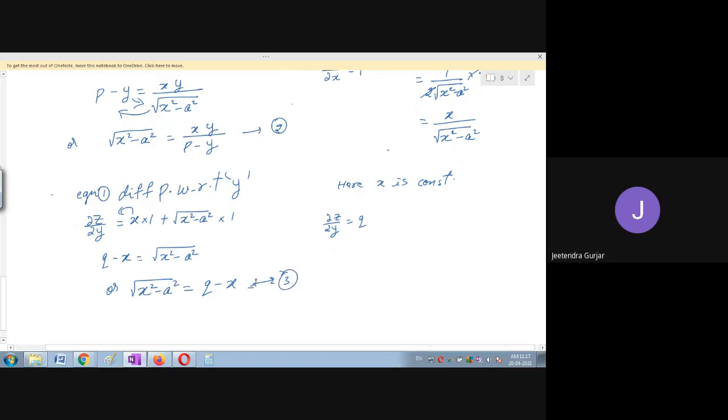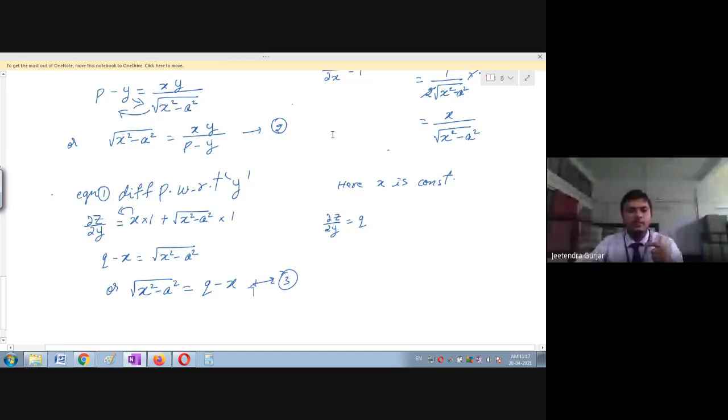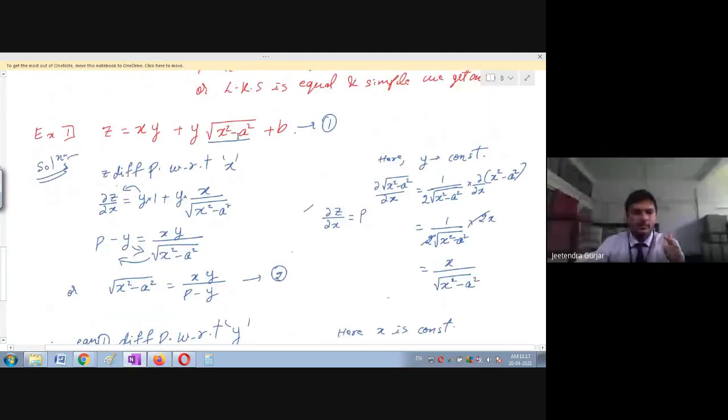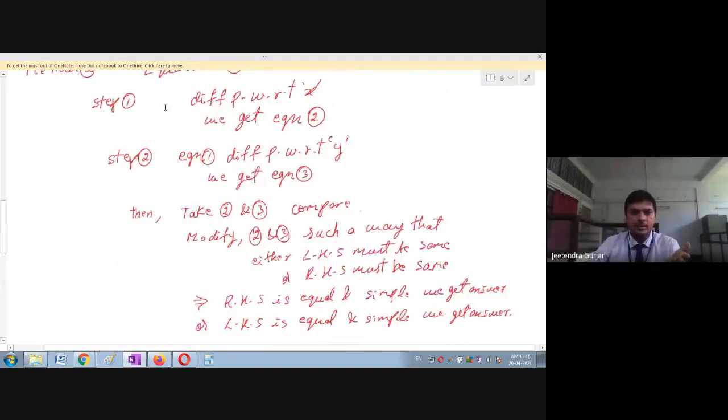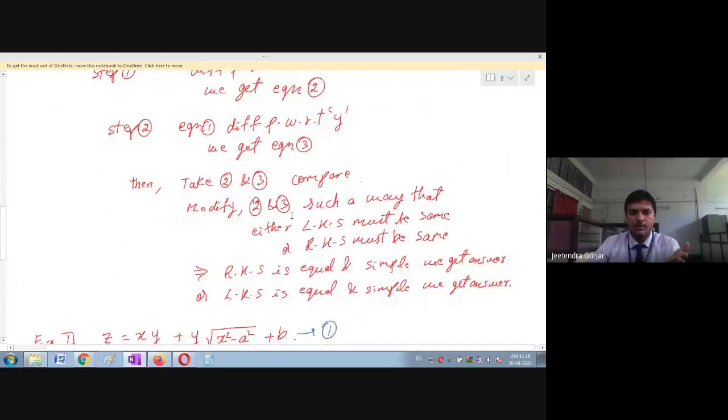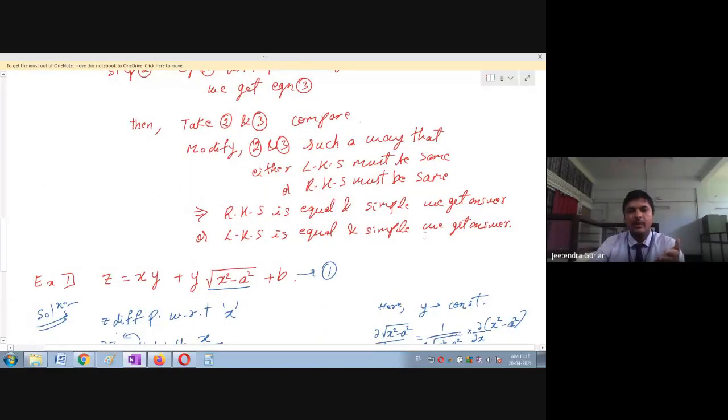Now you can see method 1 fails here, because if I substitute, b remains, so I cannot eliminate b, which means I cannot form the PDE. Therefore, I'll go with method number 2. What does method 2 say? You are going to compare these equations and equate them.